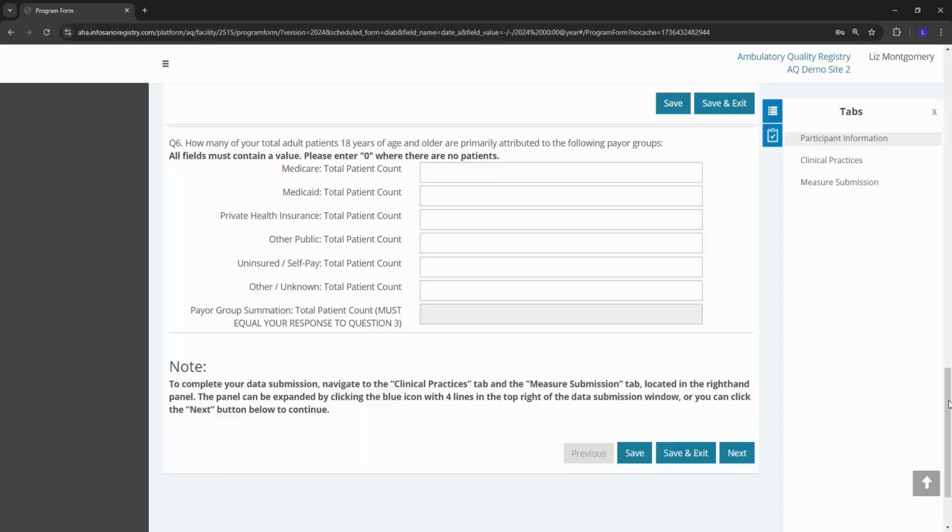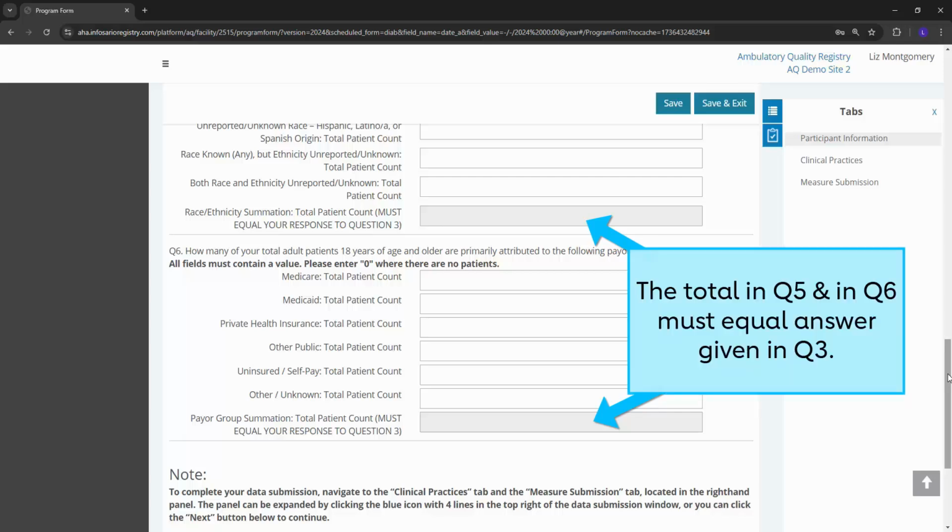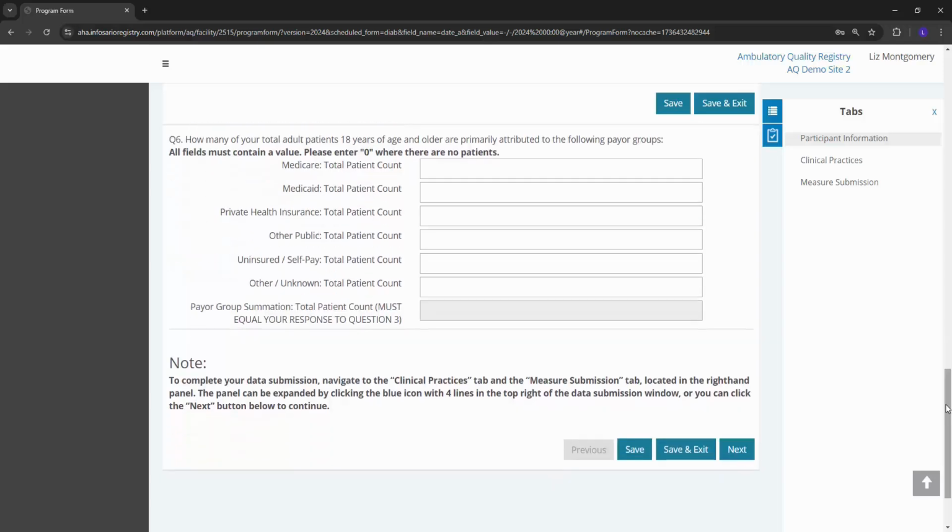The gray boxes on questions 5 and 6 cannot be edited. They auto-populate to total the number of patients entered above. That's because the patient breakdown by race and ethnicity, as well as the patient breakdown by payer, must equal your total patient population given in question 3.